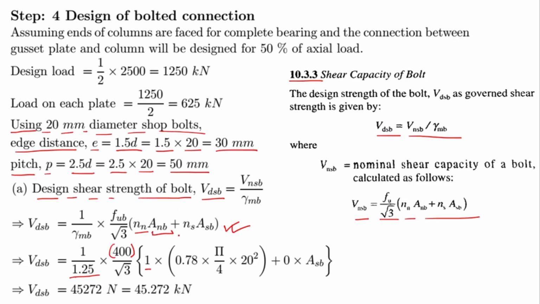Then A_nb, the cross sectional area of the bolt in the threaded portion, is 78% of the actual cross sectional area of the bolt, which is pi by 4 into 20 square, plus n_s is equal to 0, as it is a case of single shear, so no shearing plane at the shank portion. So finally, the design strength of bolt is calculated as 45.272 kilonewton.